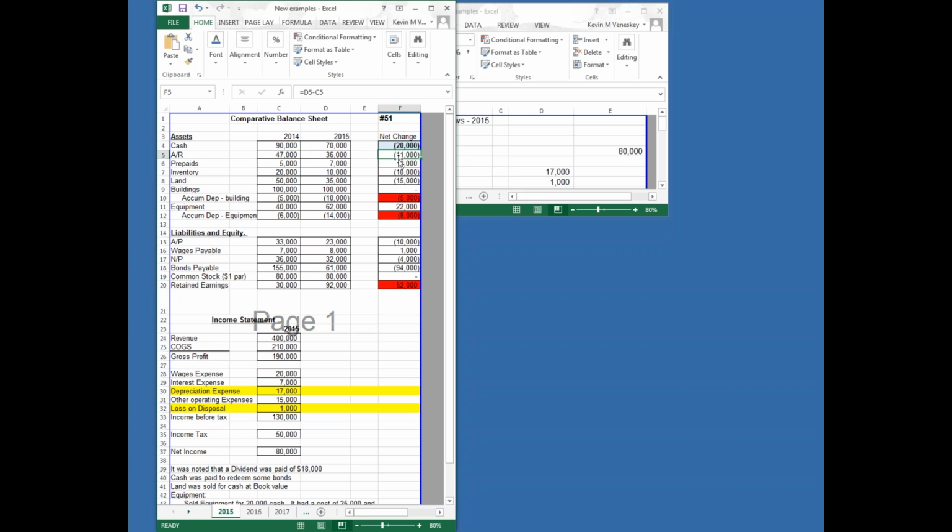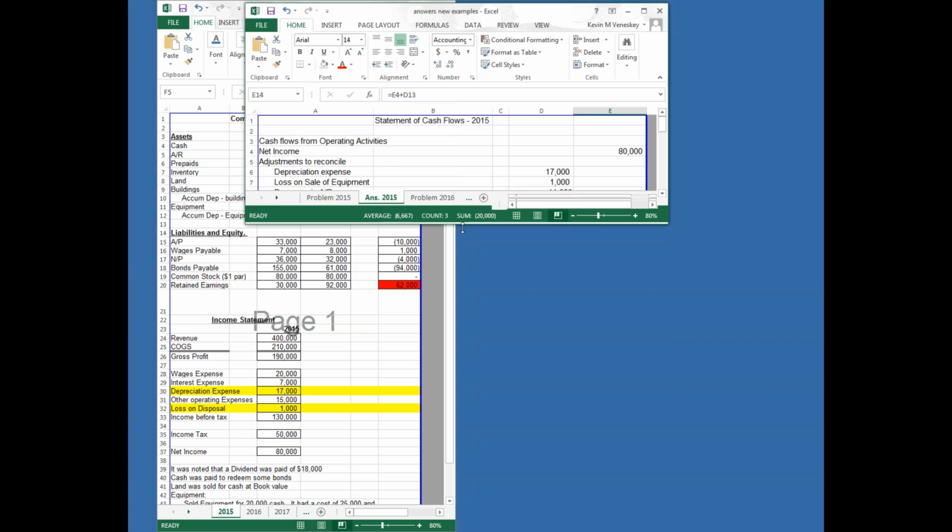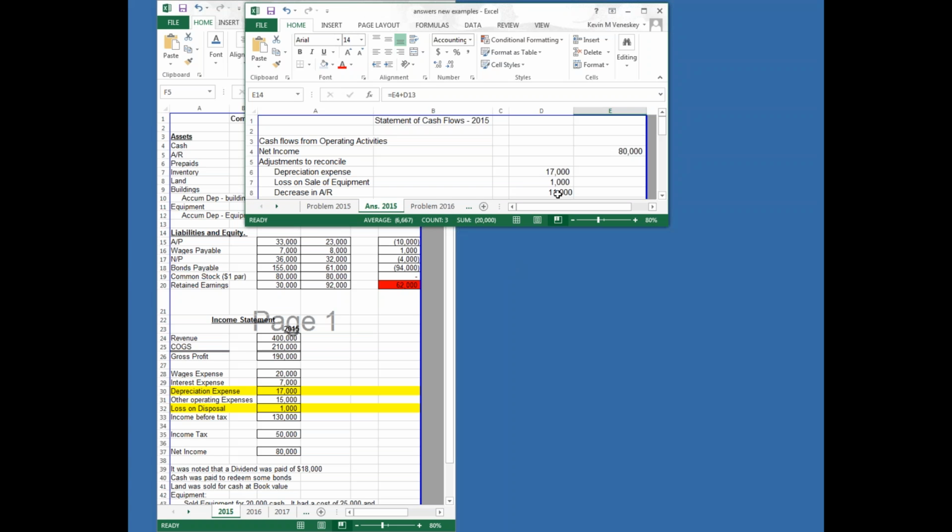So if cash is received, therefore AR went down, I need to show an increase adjustment to my net income. That net income doesn't know that I received that extra $11,000 in cash. So my AR went down because my customers no longer owe me. They no longer owe me because they paid me the money. That $80,000 doesn't show me getting paid that money from the AR.